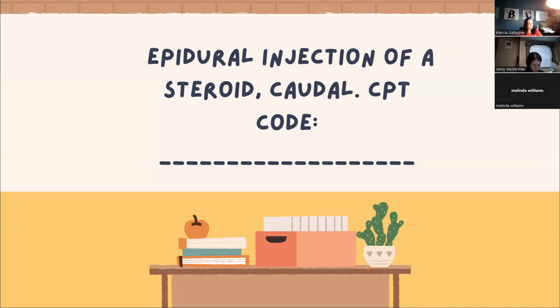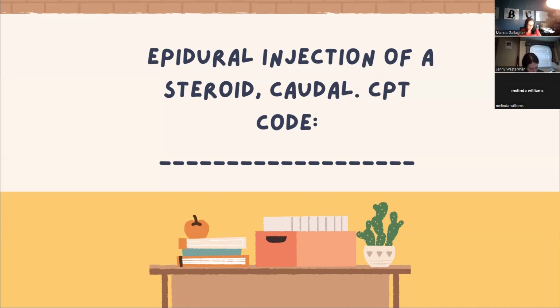I'm just kind of reading through. Yeah, I think it's the 62322 because they all pretty much say the same thing, but they're different locations. So that one says lumbar or sacral, which in parentheses it has caudal. That's the only place I actually see that.